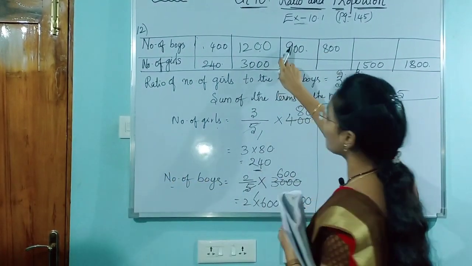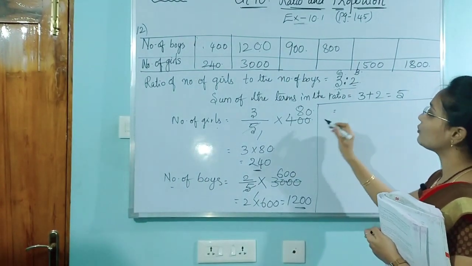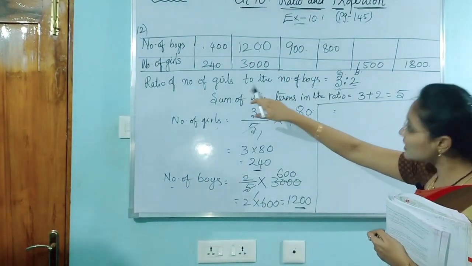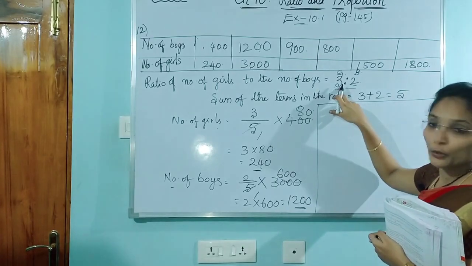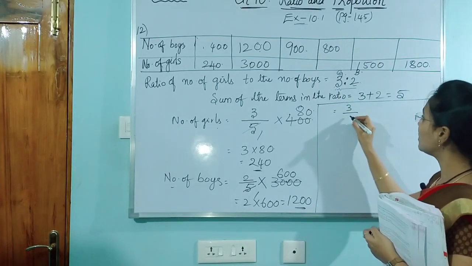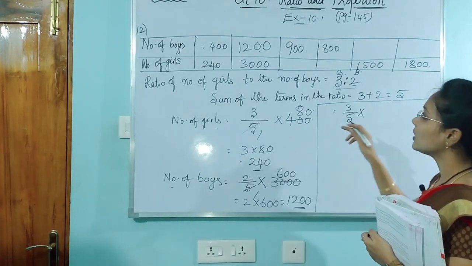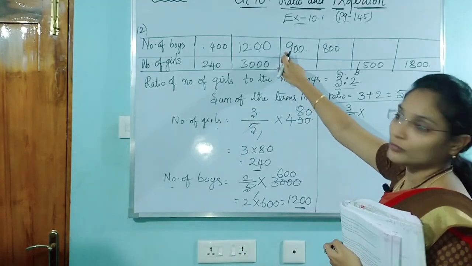Let us find out this. The number of boys is there, the number of girls we need to find out. So the number of girls term is our numerator, 3, by the denominator, the sum of the terms in the ratio, multiplied by the data which you have.